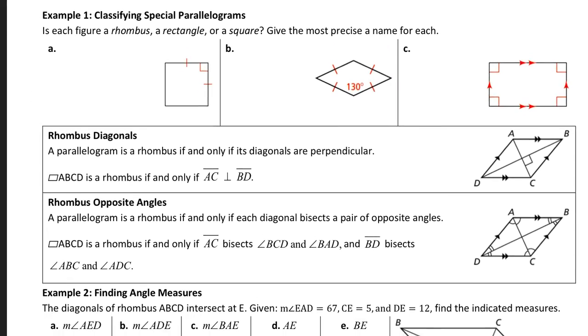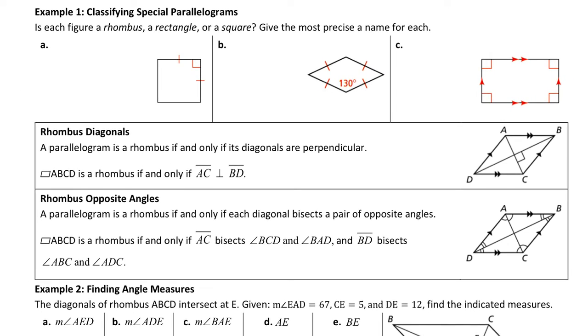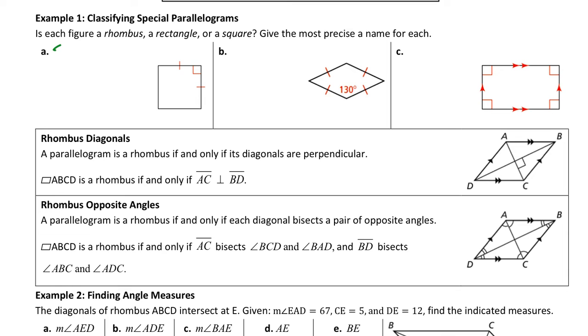So in example 1, we're classifying special parallelograms. We're going to ask, is it a rhombus, rectangle, or square? In part A, this shape, we can classify as a square. The reason it is a square is because it is a parallelogram, so opposite sides are congruent, which means all four sides are congruent, which makes this a rhombus.